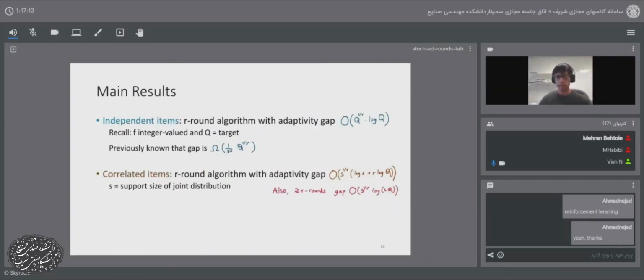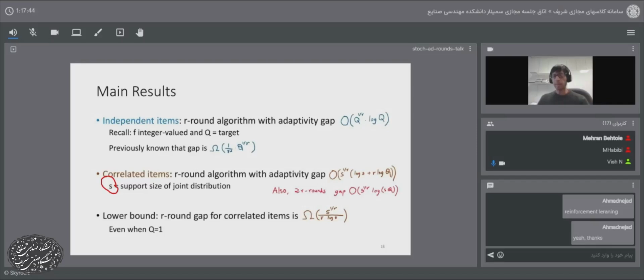So we also get a better approximation ratio using slightly more number of rounds. So if we use 2 times r rounds, we can get a slightly better bound. It eliminates one factor of r. But more importantly, we can also complement this upper bound by showing that there are instances where any r-round algorithm must suffer this kind of dependence on the support size.